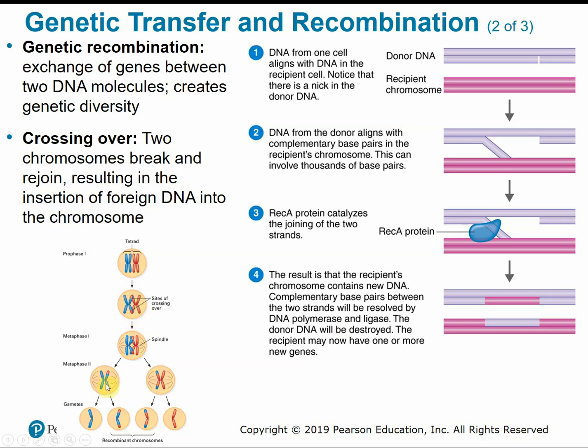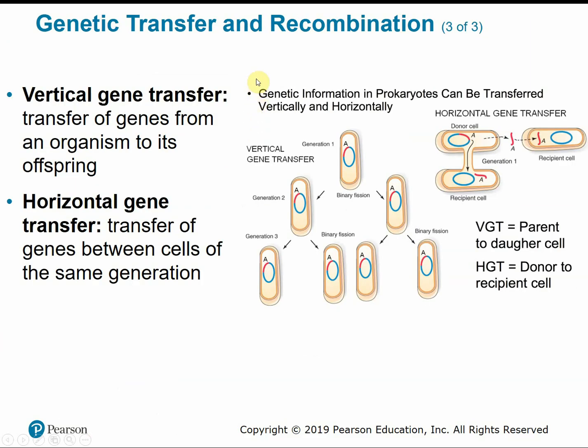Now our blue chromosome has some genes from the red, and our red chromosome swaps some genes with the blue. The end result is that for every round of meiosis, you get 4 genetically different cells.